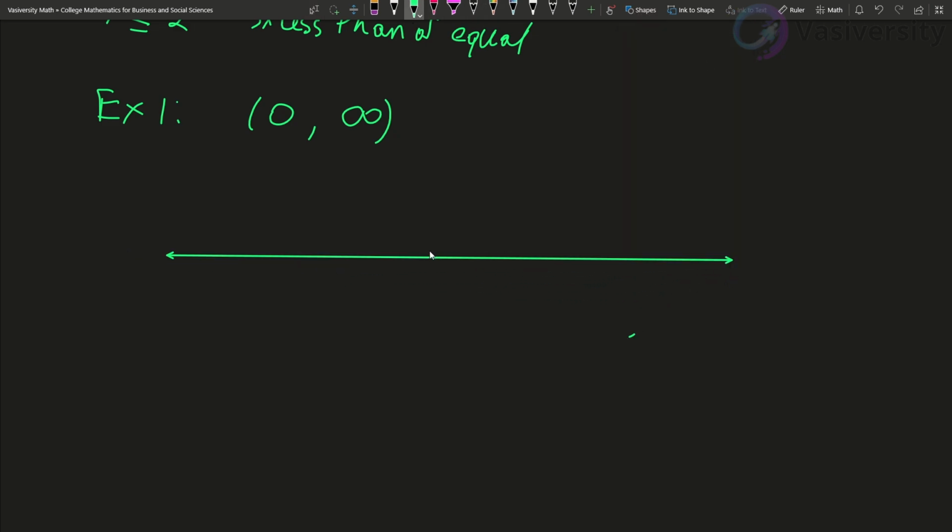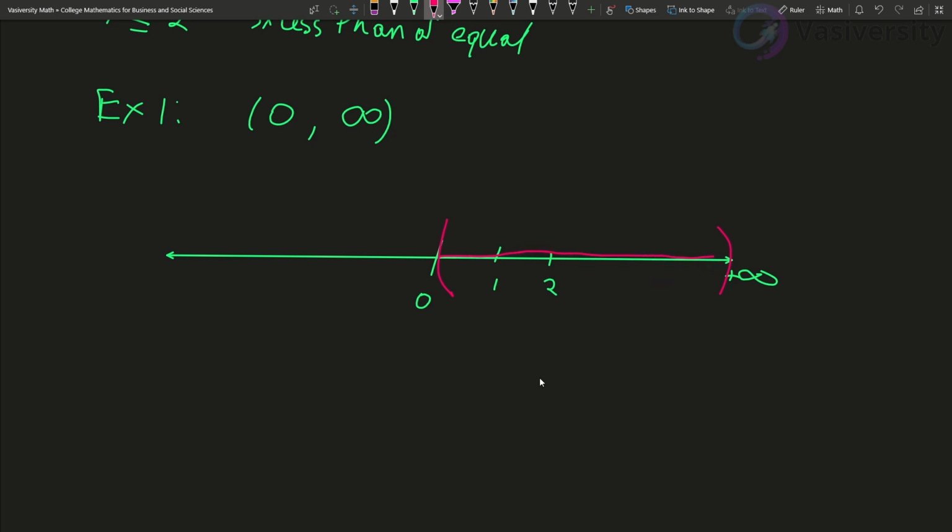We have a 0, we have a 1, we have 2, and somewhere we have a positive infinity. What would our interval be? Our interval would be from 0, with a parenthesis, to infinity. So it would be this entire interval of the positive real numbers.